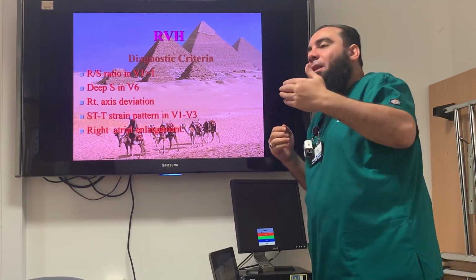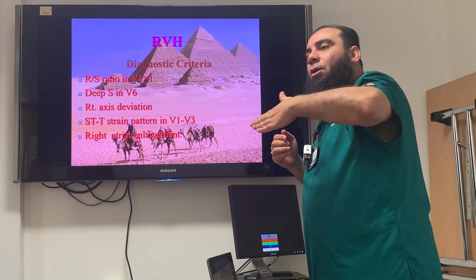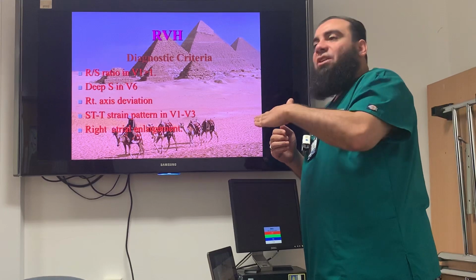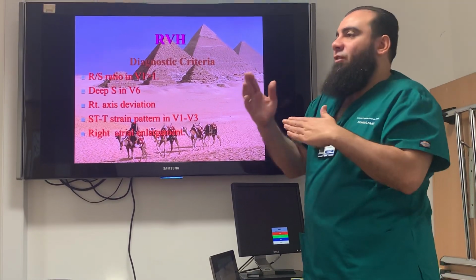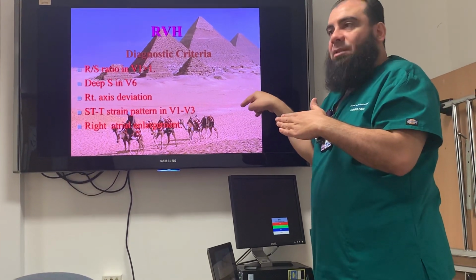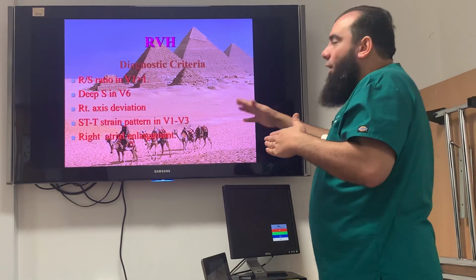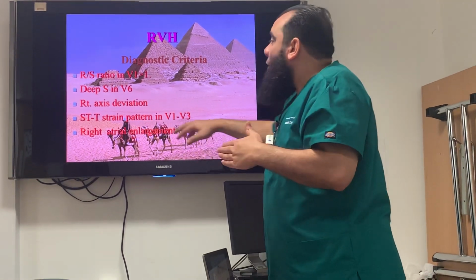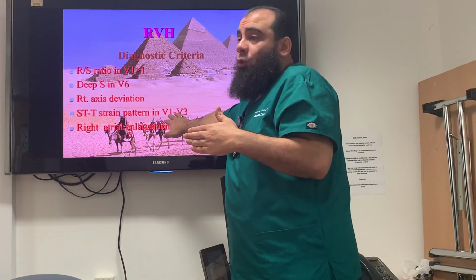Strain pattern is an ST segment depression with some T wave inversion sometimes. We see it most frequently in left ventricular hypertrophy in lateral leads, with hypertension. Same way here as well. When I see an ST segment strain pattern in V1 to V3 with chest pain, I become cautious of pulmonary embolism.